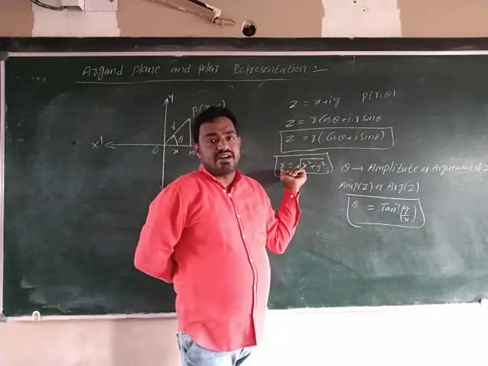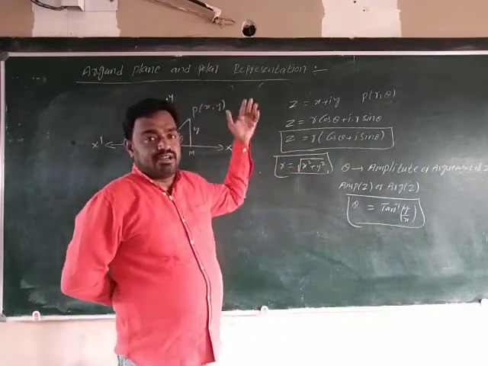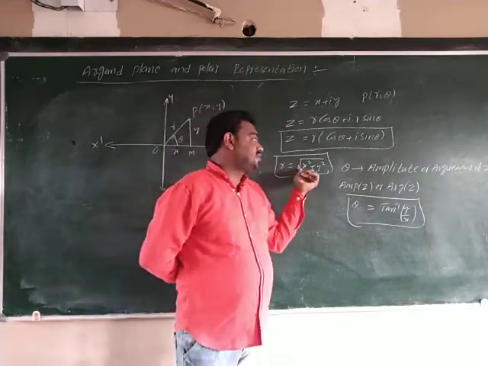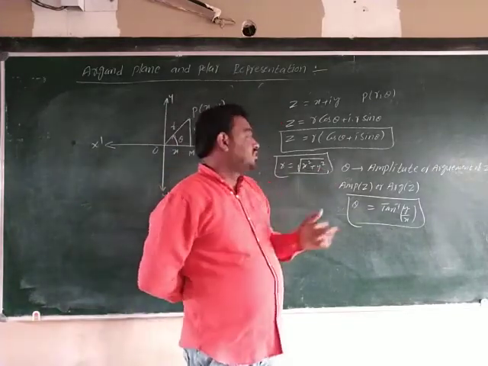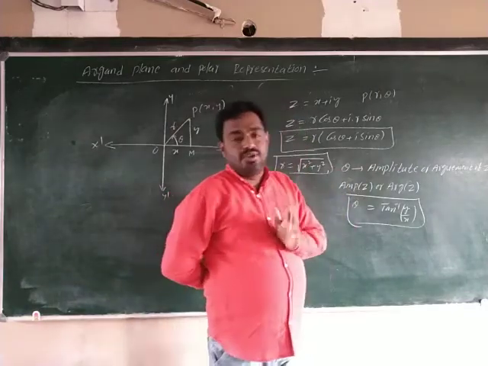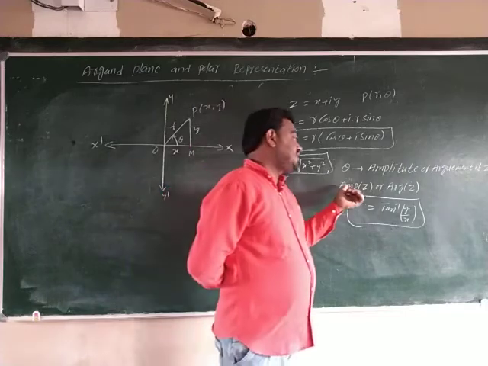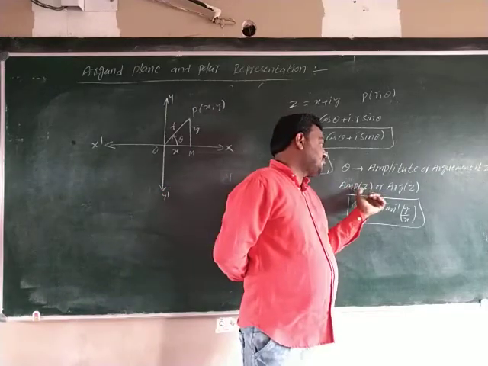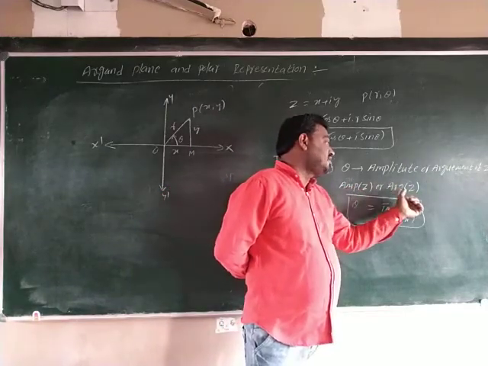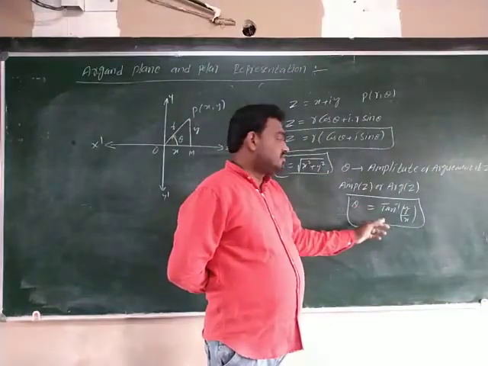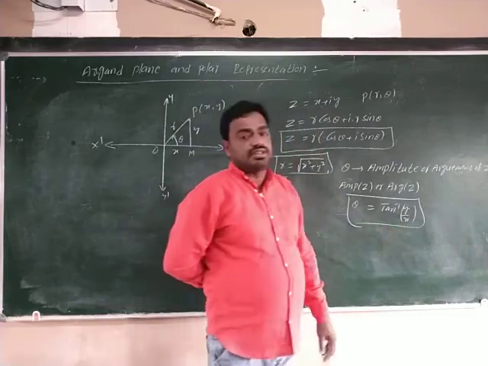R is the modulus of the complex number z, that is the square root of x square plus y square. And theta is called the amplitude or argument of z, that is theta is equal to tan inverse of y by x.